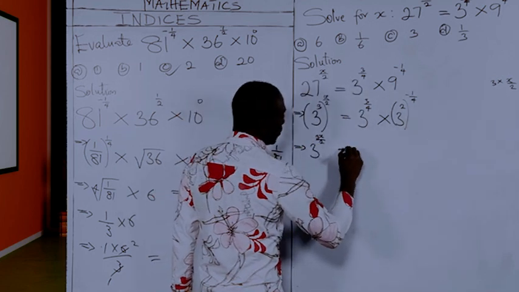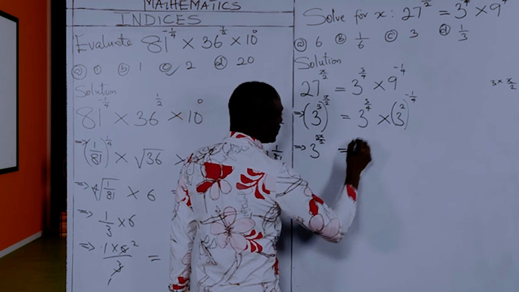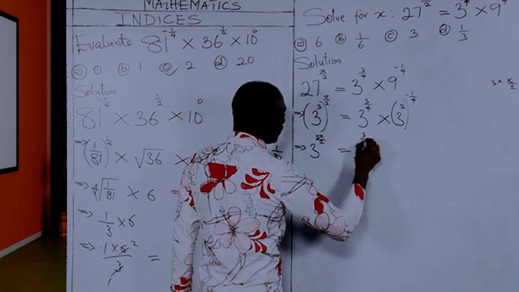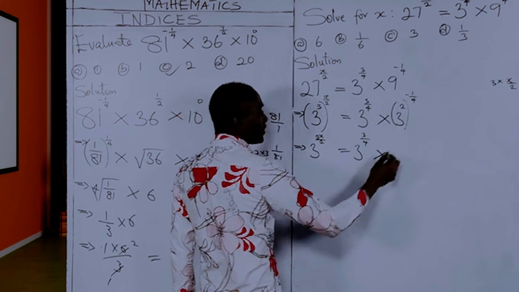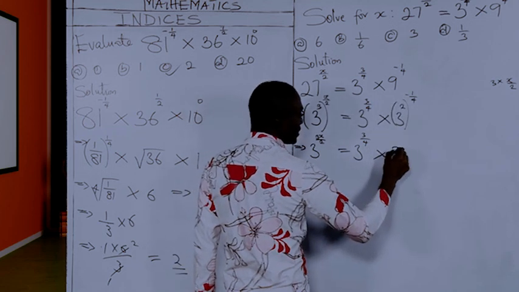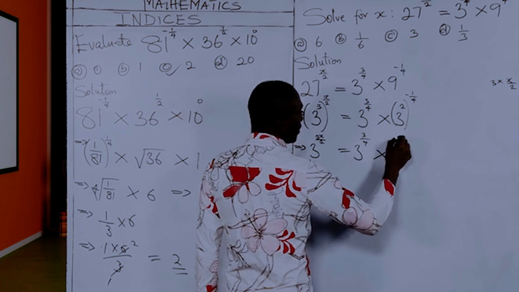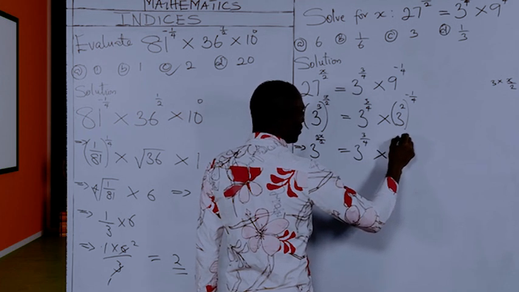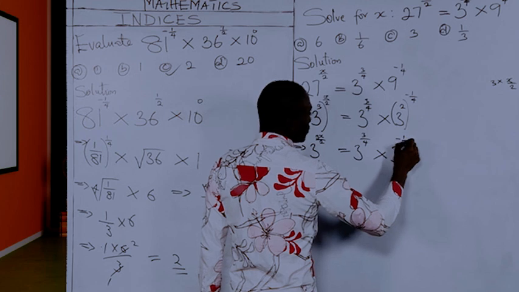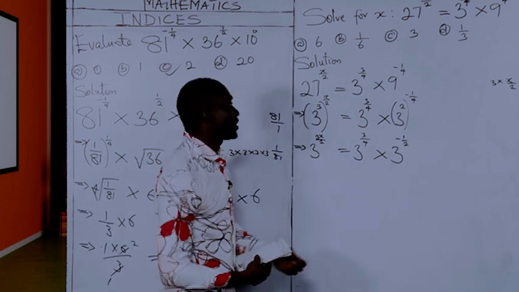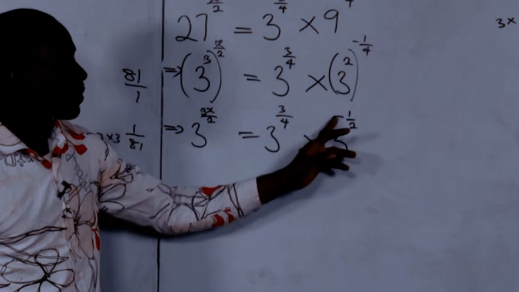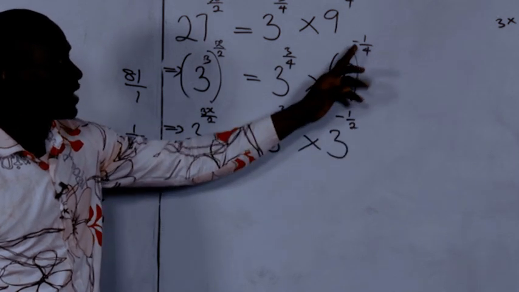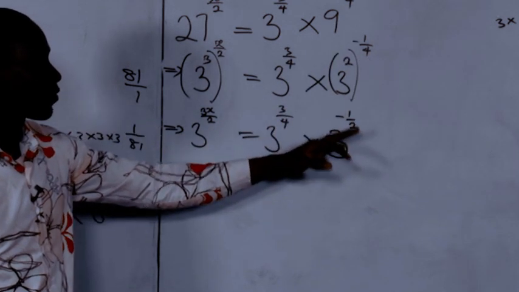Alright, now we have 3 raised to power 3 over 4 multiplied by this. The whole of this will give us 3 raised to power of minus 1 over 2. The product of the powers will give us minus 1 over 2: 2 times minus 1 over 4 gives minus 1 over 2.